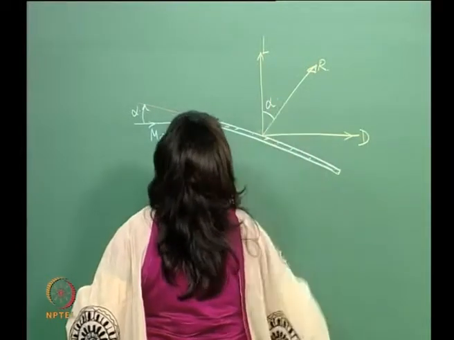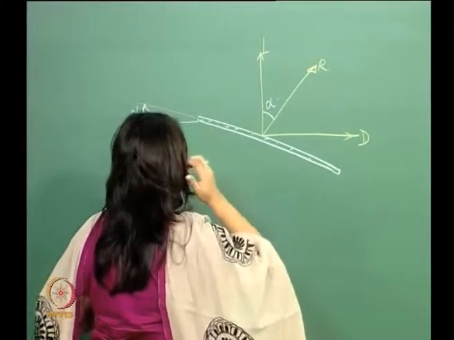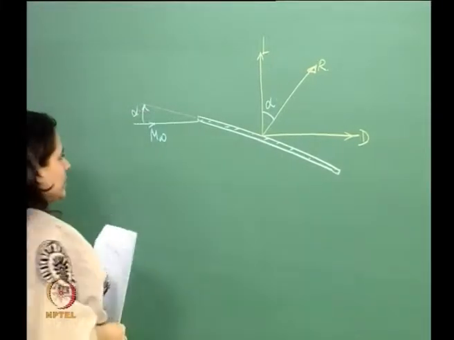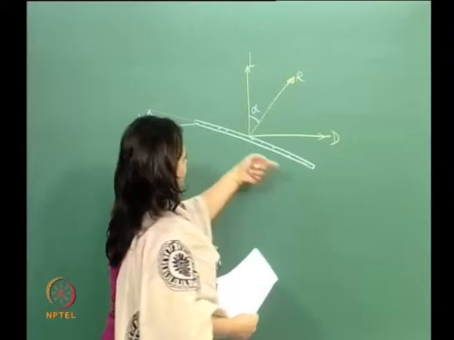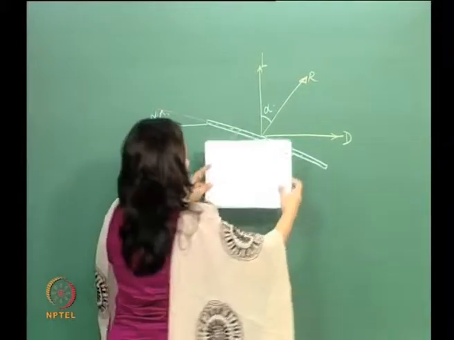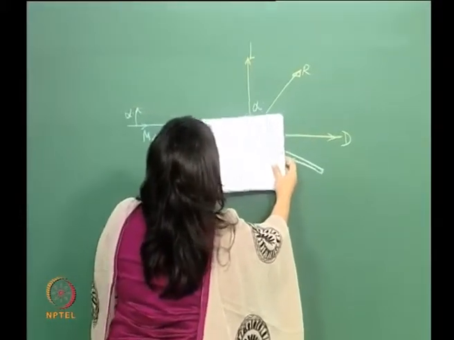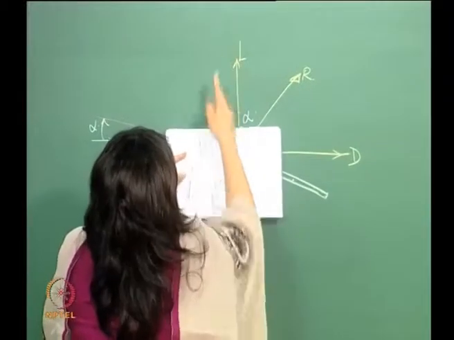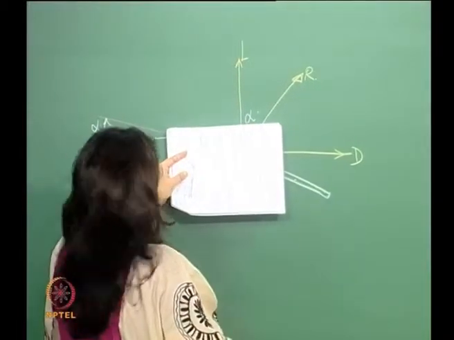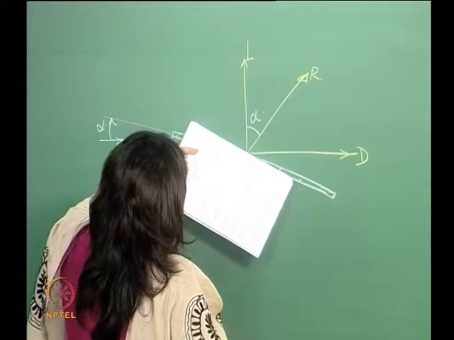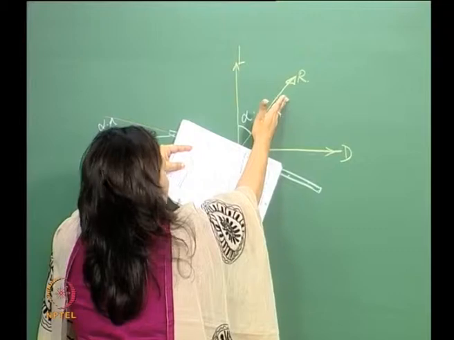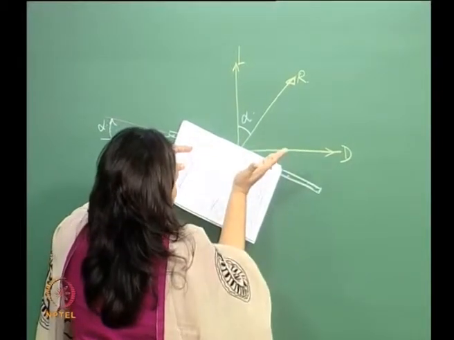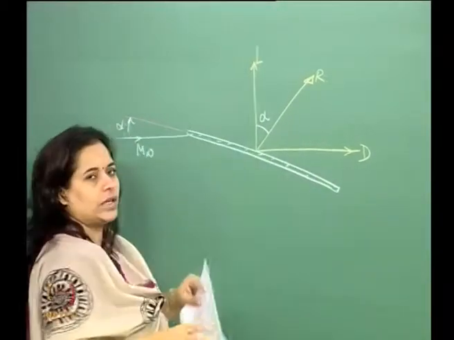Okay. This is basically alpha. Okay. The way to look at this is that this flat plate, if it was like this, then I would have my R vertically like that. Now, I turn it here. So, I turn this resultant vector by an angle alpha, which is the angle of attack.